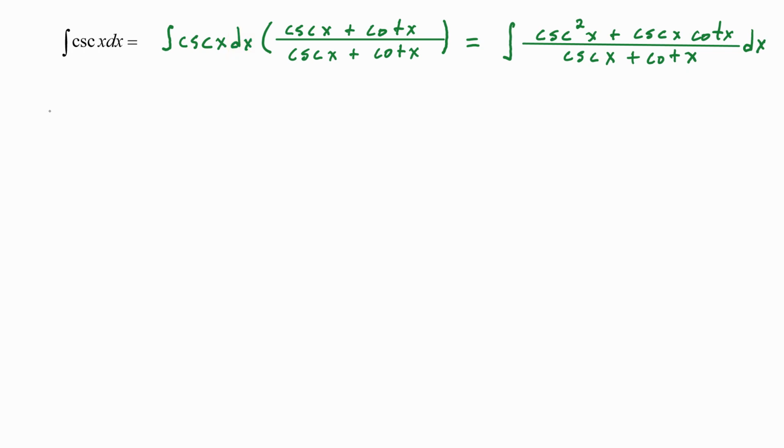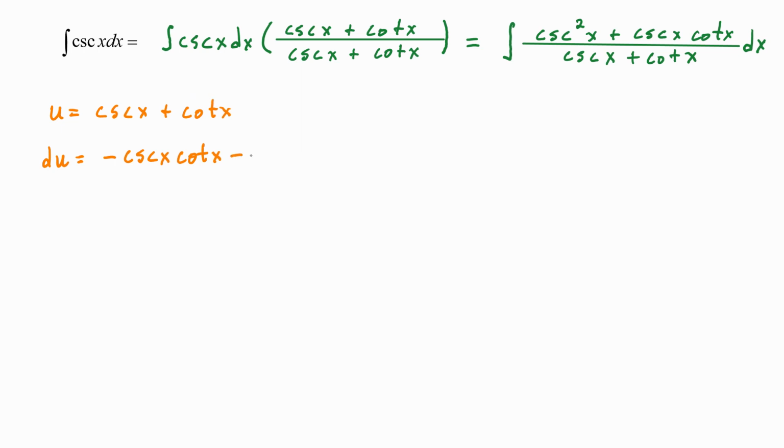Now, if we let u equal the denominator, cosecant of x plus cotangent of x, then du is going to equal negative cosecant x cotangent x, and then it would be plus a negative cosecant squared.